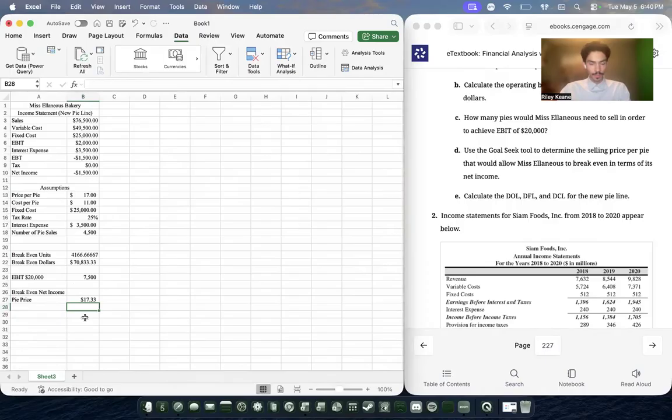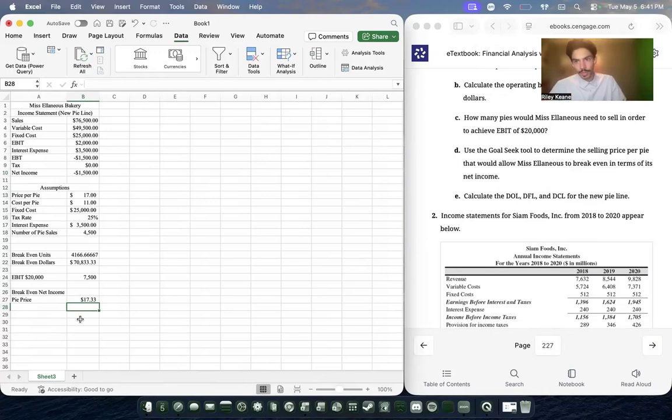So the goal seek feature is extremely useful for finding out how we can change one part of our setup, not equation, but series of formulas.